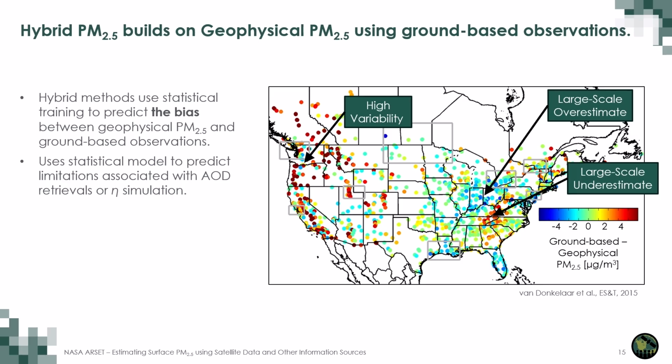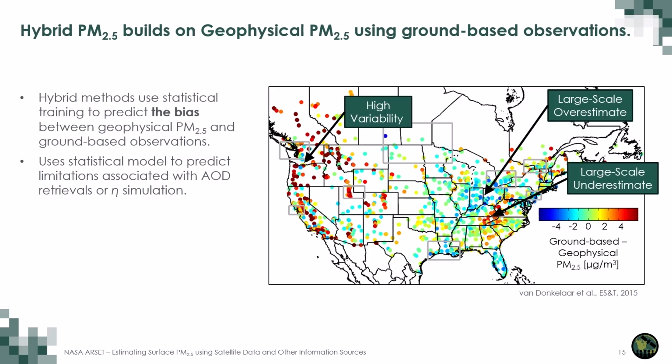As you look at this figure, you'll begin to notice regional structures and features within these differences, such as a large-scale underestimate of a few micrograms per cubic meter on the part of the geophysical values in the southeastern US, and a large-scale overestimate of the same magnitude over the northeastern Great Lakes region.